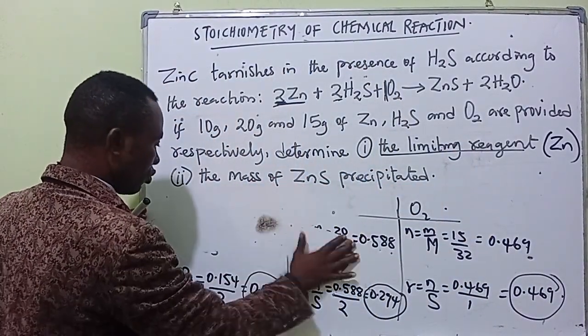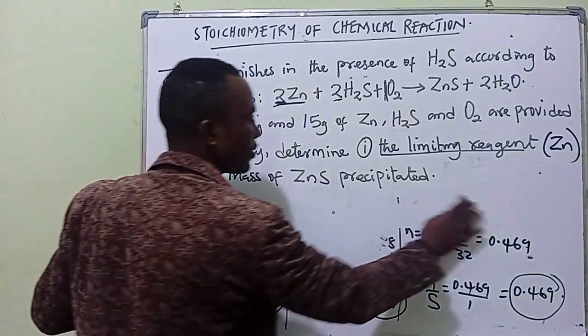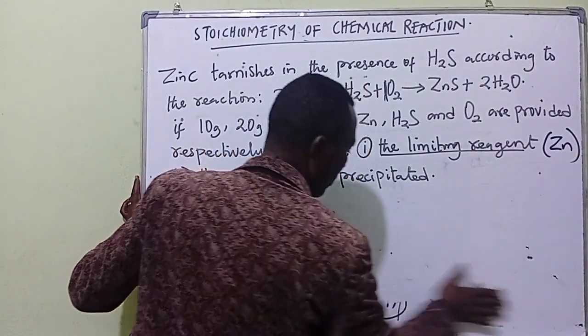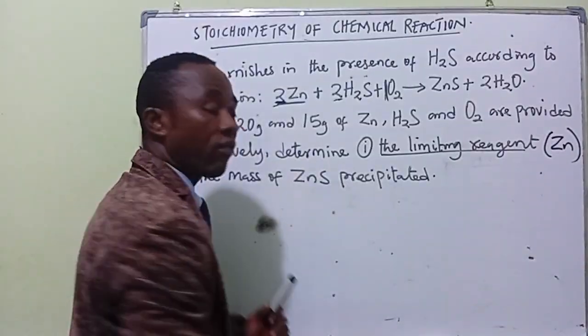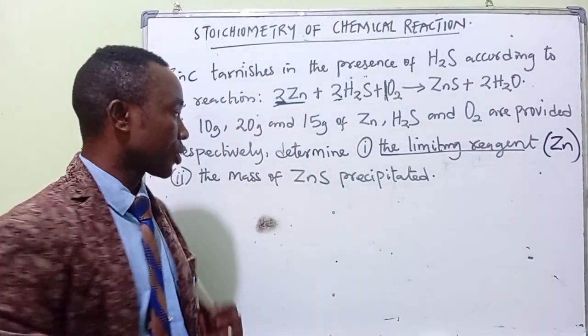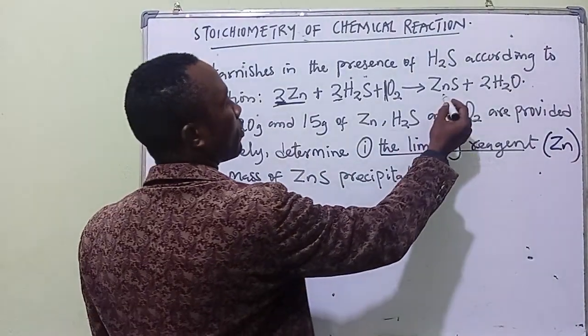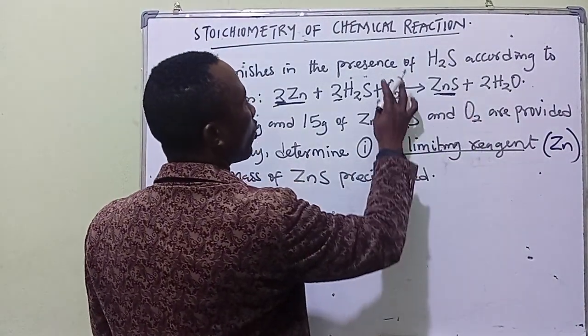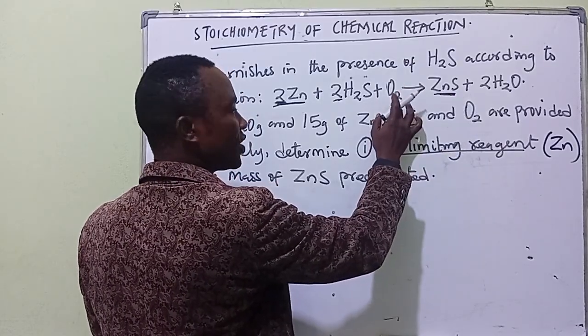Then number 2 is we should find the mass of zinc sulfide precipitated. It simply means we should find the mass of zinc sulfide that is formed in the reaction. Now, if we want to find the mass of zinc sulfide formed, we will not use oxygen to get it, because oxygen is not the limiting reagent.